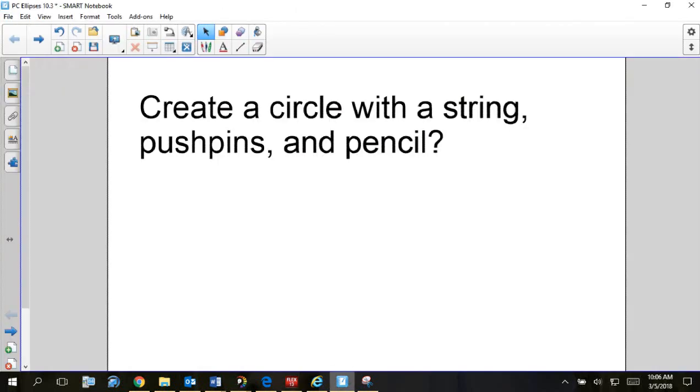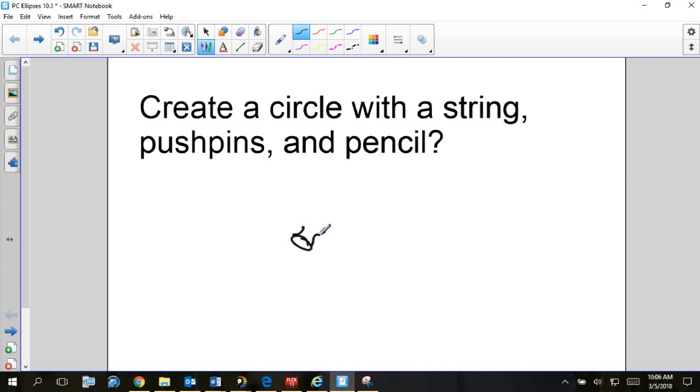And before we do that, one more thing with the circle. If you need a circle in a bind, and you have some push pins and some string and a pencil around, how would you make a circle? What would you do? Wait, what does a push pin look like?